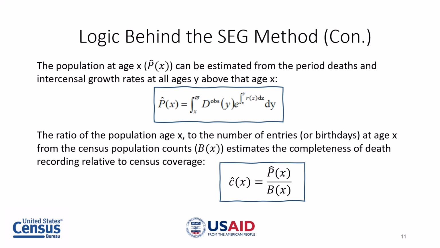The ratio of the population age X estimated in this way from deaths to the number of entries or birthdays at age X from the census population counts, or BX, estimates the completeness of death recording assumed constant at all ages relative to census coverage, where CX is the estimated coverage of deaths at a given age X relative to population coverage.